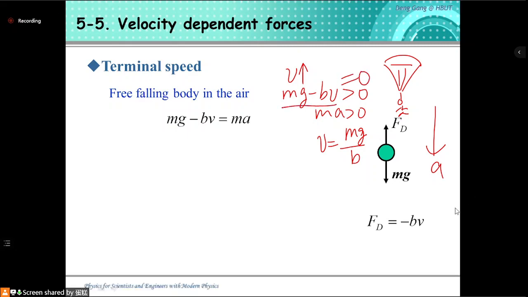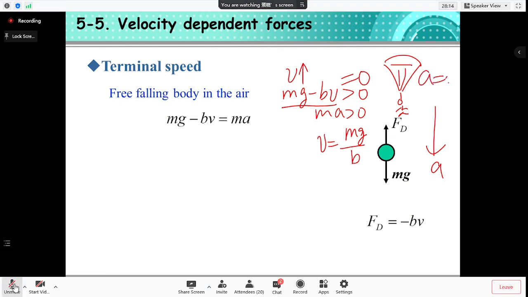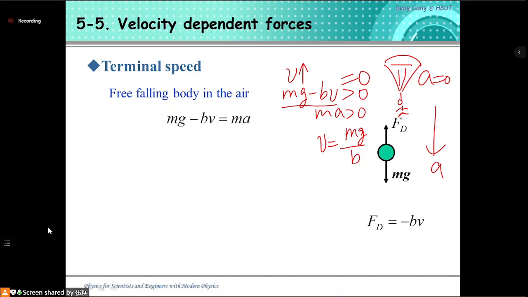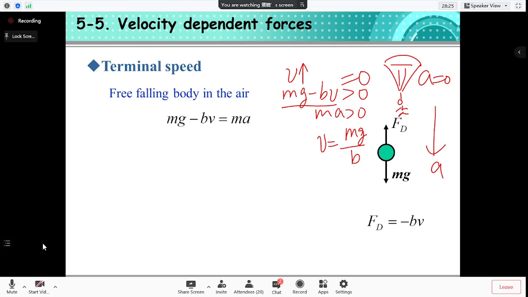If this is equal to 0, which means a is equal to 0, it will no longer accelerate. That means it will keep its velocity. Okay, what's your question?